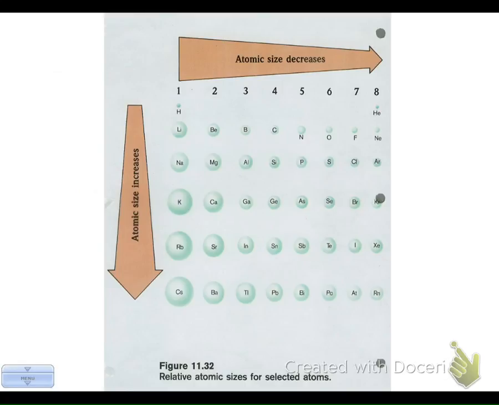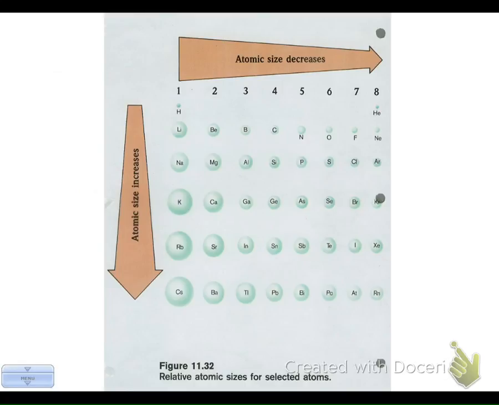The first actual trend that we want to dig into and describe using our 3 new terms, Coulomb's law, shielding, and effective nuclear charge, is atomic radius, or size of the atom. Very clear here that the atomic radius increases as you go down a column, and it decreases as you go left to right across a row.